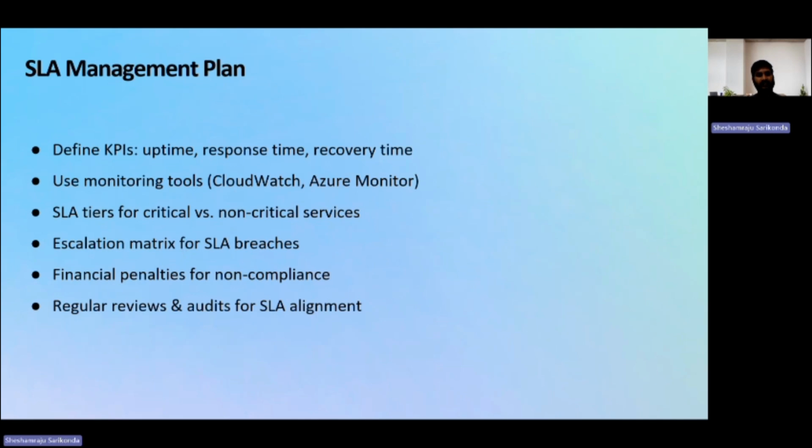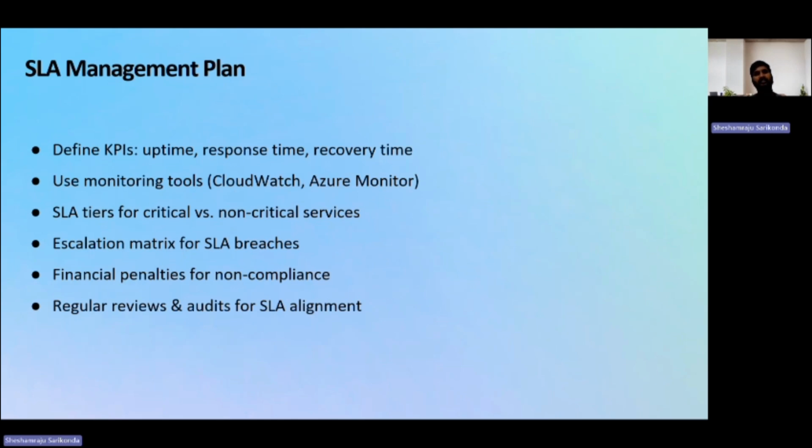Using tools like CloudWatch or Azure Monitor, we can continuously track these metrics. For SLA violations, there needs to be a clear escalation matrix detailing how issues are reported, tracked, and resolved, from first level support to senior engineering teams.